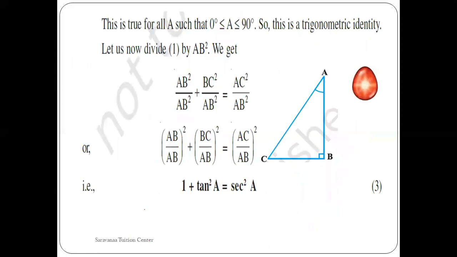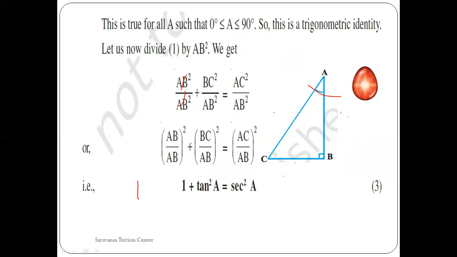Next, take the same equation and divide everything by AB square. If you divide everything by AB square, AB square gets cancelled and it becomes 1. BC by AB: BC is opposite and AB is adjacent.